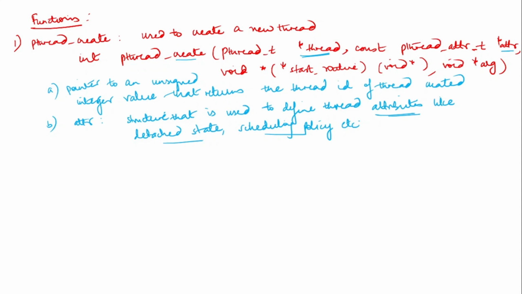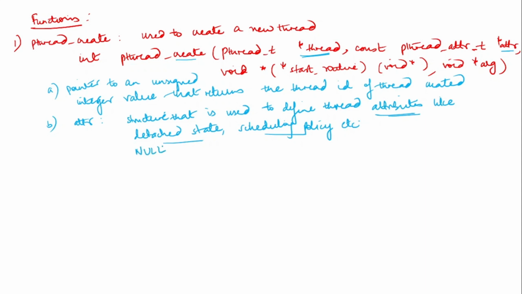So it tells whether, and we'll also see the different states of the thread, sometimes a thread is in the detached state, meaning the thread is detached. So this pointer would reflect which state it is. It points to different attributes of the thread, but the default value of this is null.